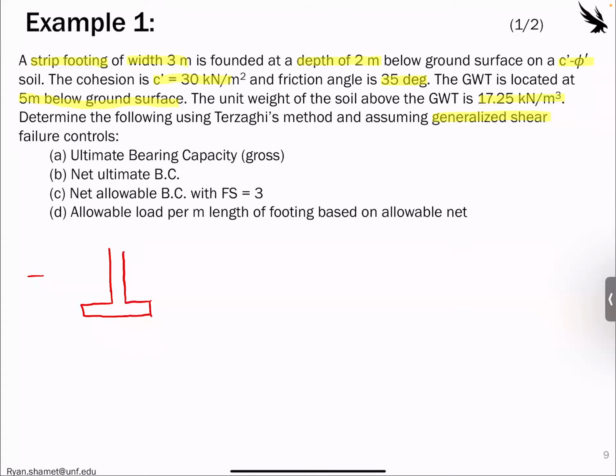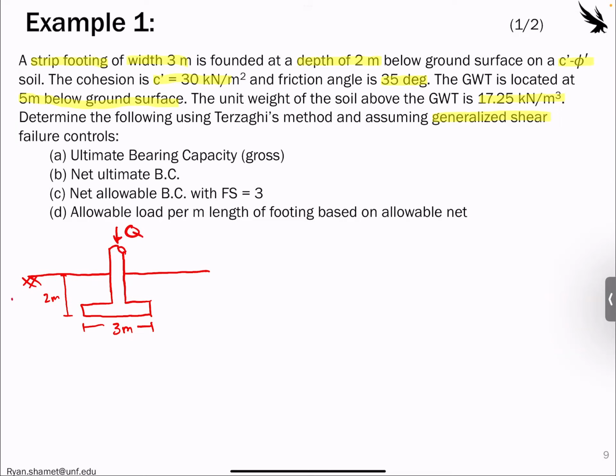that has a width of 3 meters. It is at a depth below the ground surface of 2 meters. So we're just going to say this is capital Q. This is going to be the load that's applied here.